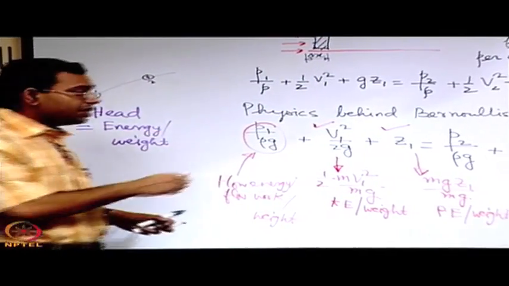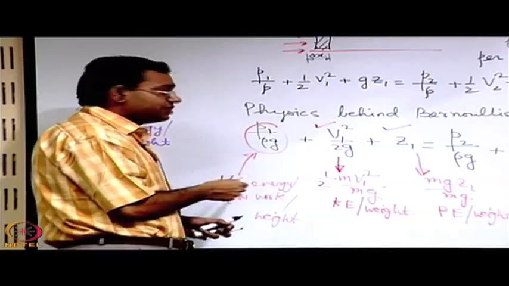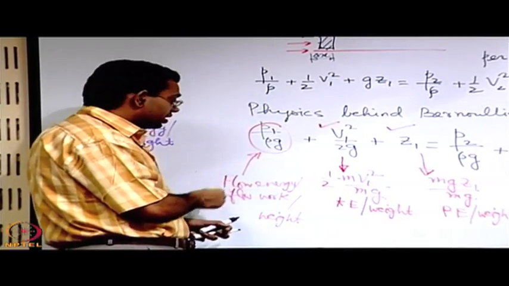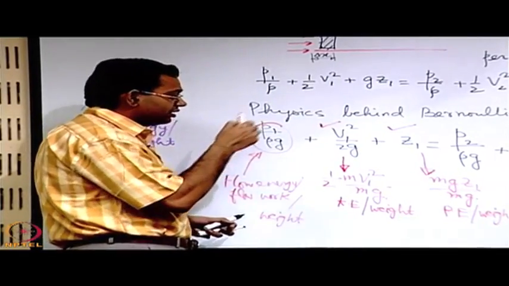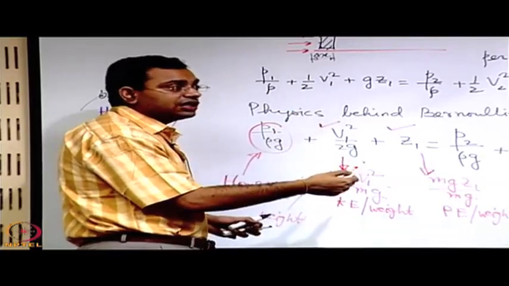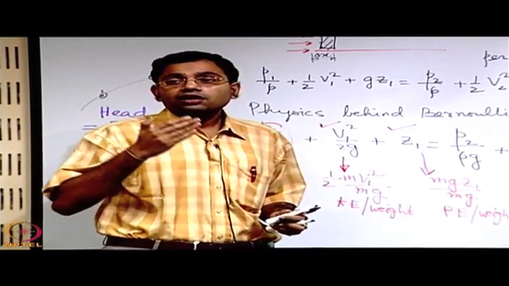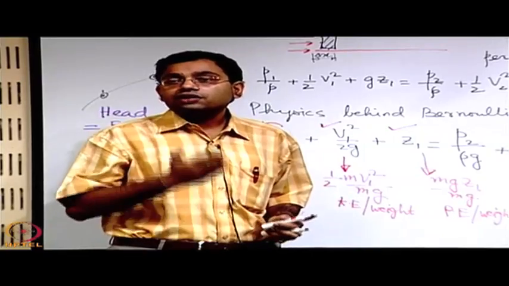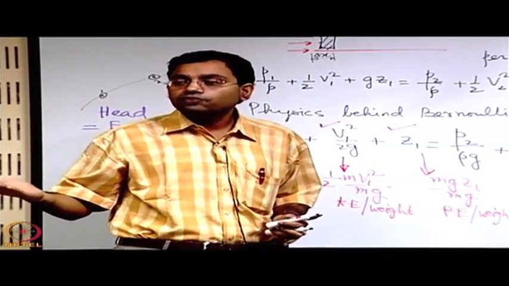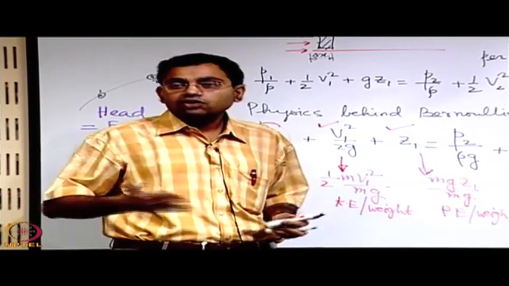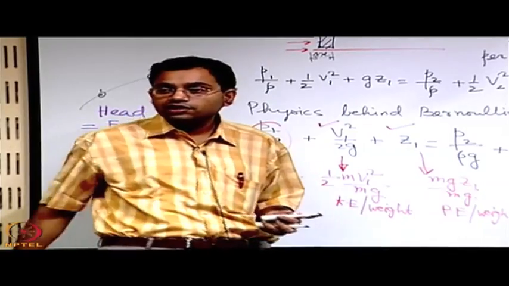Therefore, Bernoulli's equation essentially says physically that the sum total of the flow energy, kinetic energy and potential energy per unit weight remains conserved as it is transmitted from one point to another in the flow field along the streamline that we are considering in this example.